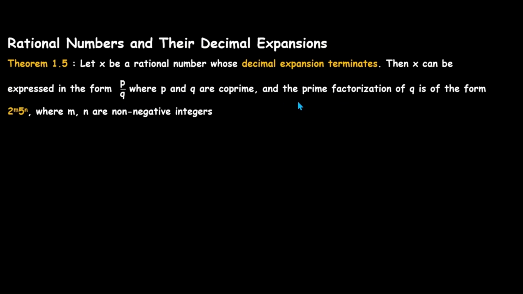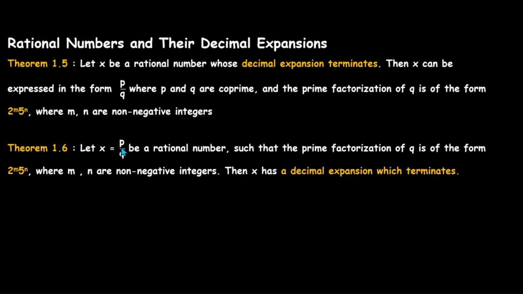Then the prime factorization of the denominator q would be in the 2 power m into 5 power n form, where m and n are non-negative integers, greater than or equal to 0, in other words. So simply put, if x is a rational number and its decimal expansion is terminating, then the denominator q would be in the form of 2 power m into 5 power n form.